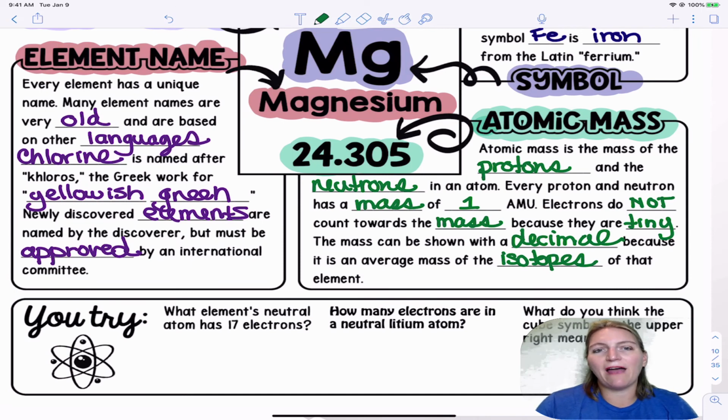The reason why the average atomic mass is often a decimal is because there are many isotopes present in nature of most atoms.